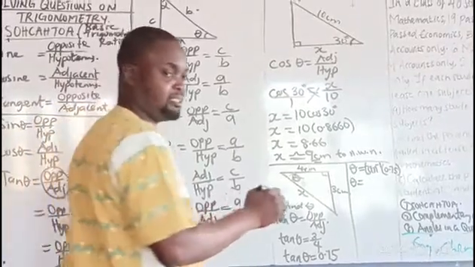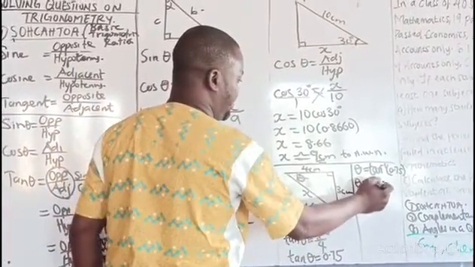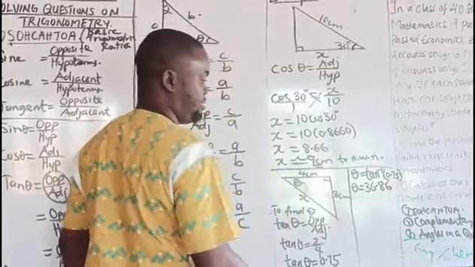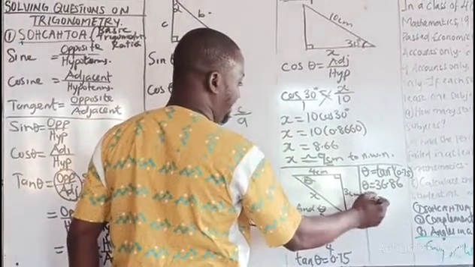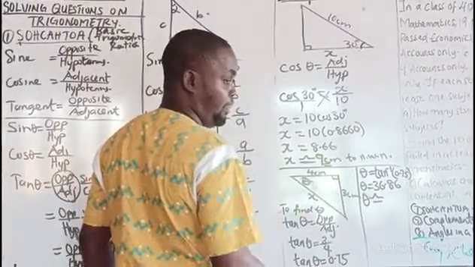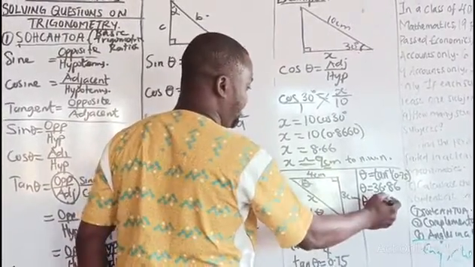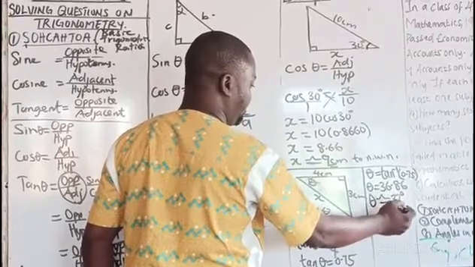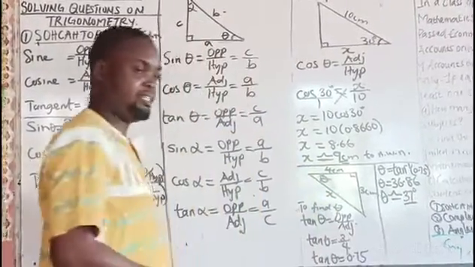What do you get? 36.86. That means theta is approximately equal to 37 degrees. Is that clear?